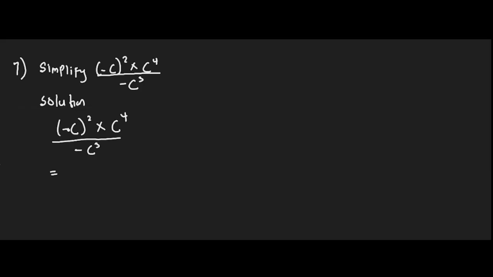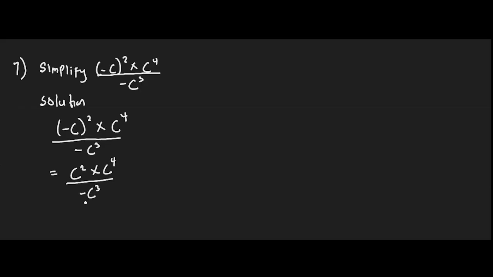That means this minus will be affected by this power. And since this power is an even number, this is going to be c^2, because a minus raised to the power of an even number gives a positive. So we have that times c^4 all over -c^3.